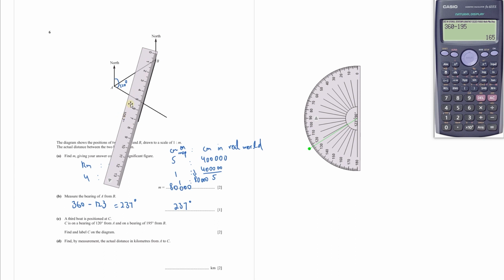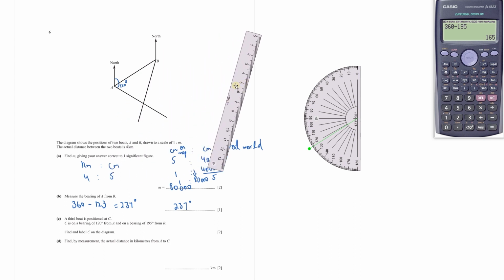Okay, this is better. So this bearing here is 195 degrees. So this is 195. And now this is the point C where these 2 lines intersect. So the point C has a bearing of 120 from A and 195 from this point B. So the intersection point will be the point C.